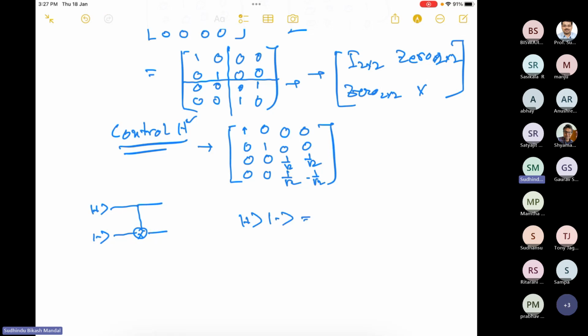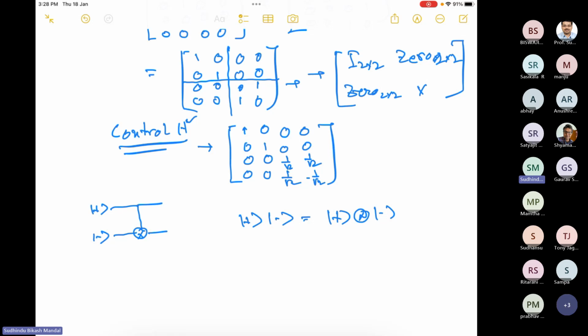It is actually plus tensor with minus. If I write everywhere this plus minus, that actually means plus tensor with this minus. If we put any qubit vertically, that means their tensor, this is a tensor field. Each and everything's a tensor with it.